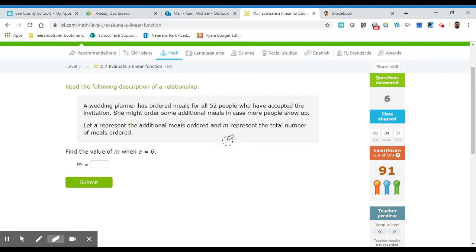So if M is the total, we're going to write our equation to look like this. It's going to be M, because that's the total number of meals. She ordered 52 to start with. Okay. And then plus however many people show up after that. We'll call that A, the additional people.